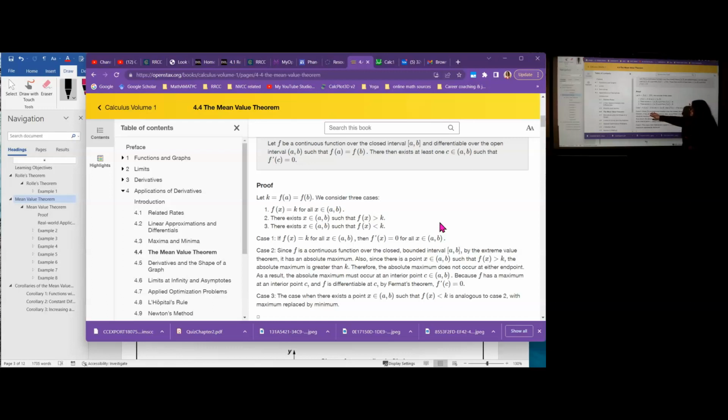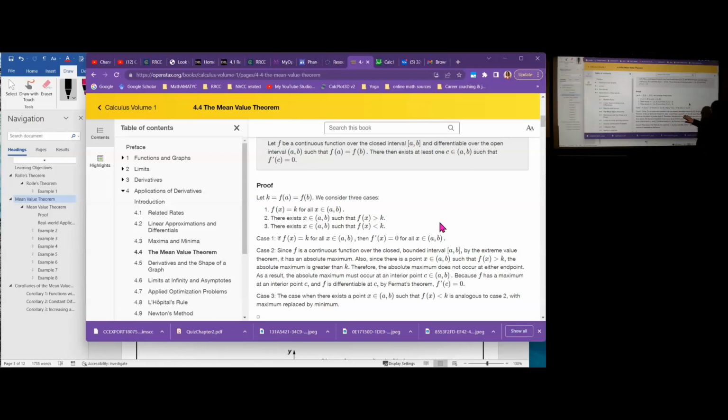In this case, because it's a continuous function over the closed bounded interval, we can apply the extreme value theorem, which tells us there has to be an absolute maximum. There also has to be an absolute minimum, but because our y value is above k, we're looking for an absolute maximum.